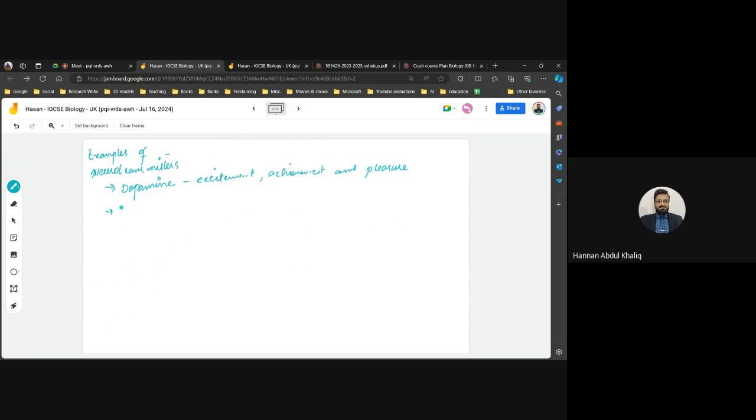Then there is acetylcholine. Acetylcholine basically is released from nerves and stimulates the muscles. Like when we need to make our muscles work, we release acetylcholine to stimulate the muscles.